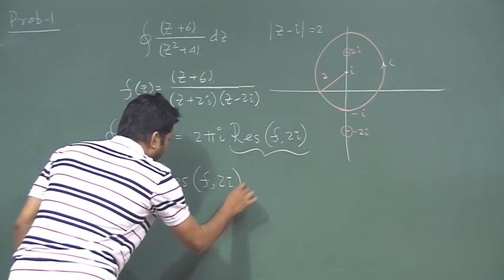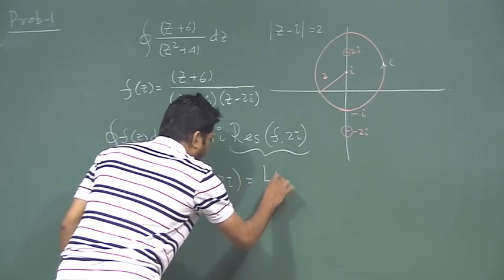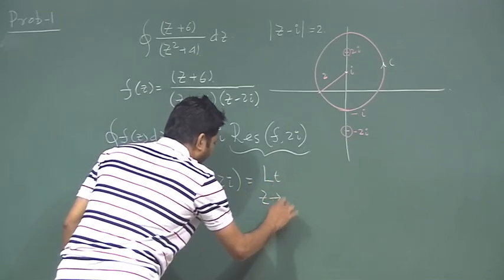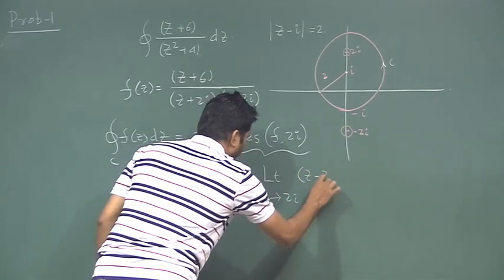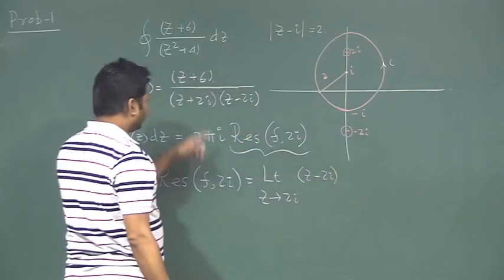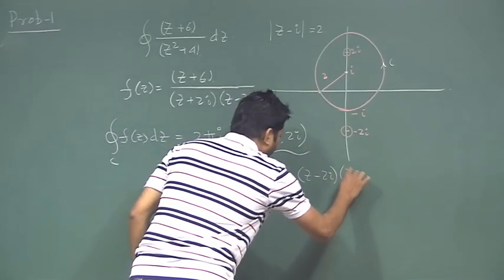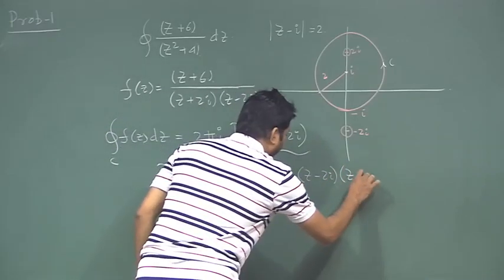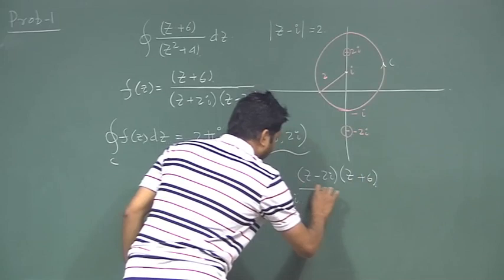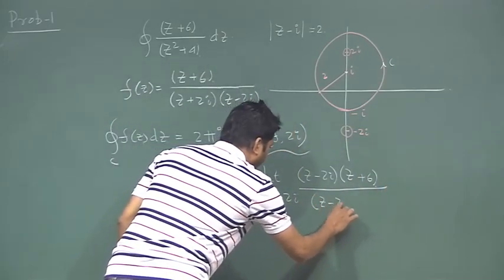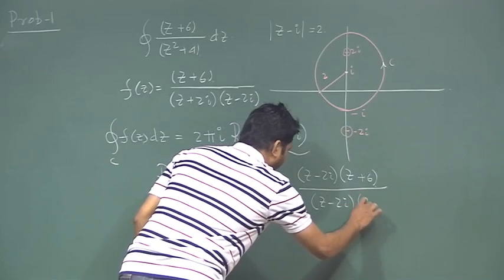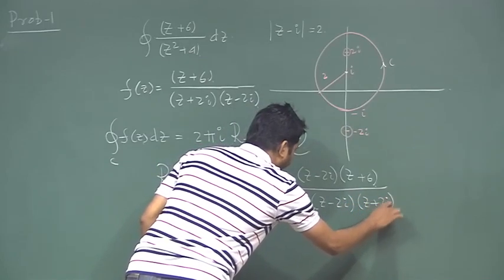The residue at 2i is the limit as z tends to 2i of z minus 2i multiplied by the function, (z plus 6) divided by (z minus 2i)(z plus 2i).